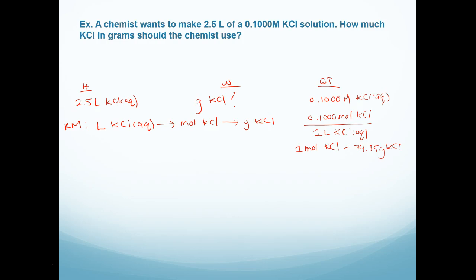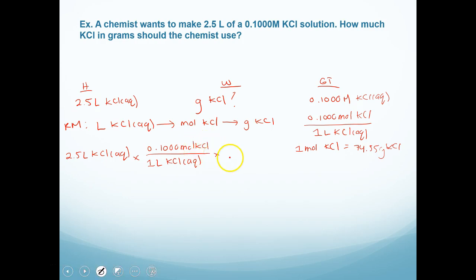Okay, so now that we have that, let's plug in numbers. We start with 2.5 liters of potassium chloride solution. So again, I'm writing aqueous to distinguish between the solution and the solid. We want that on the bottom, liters. So 1 liter of potassium chloride solution and 0.1000 moles of potassium chloride solid.